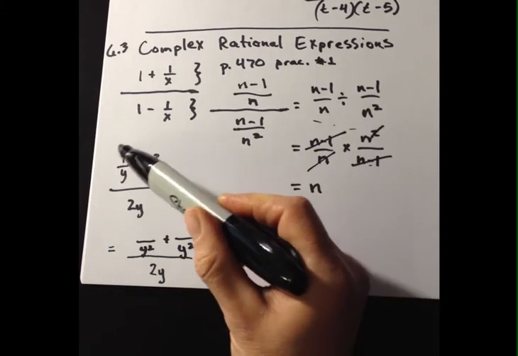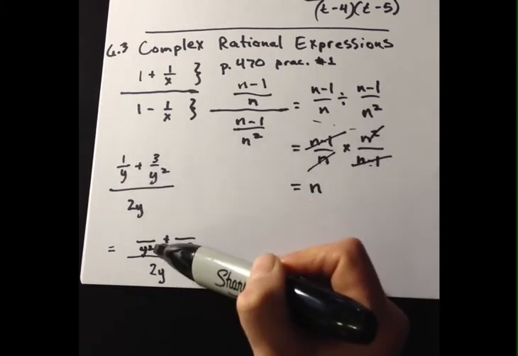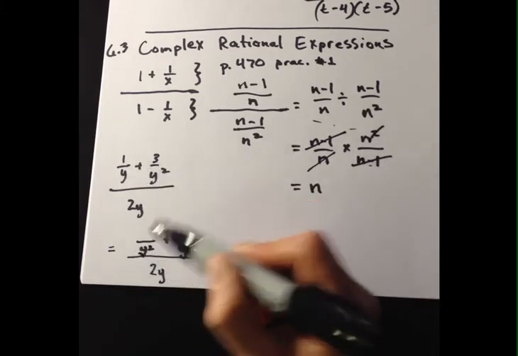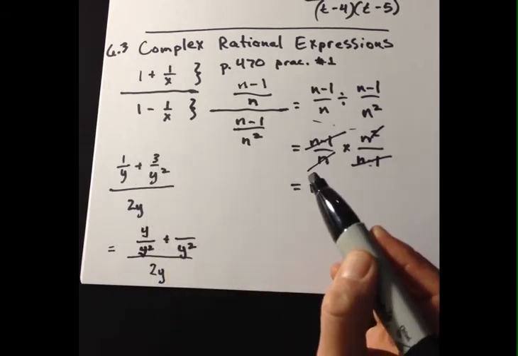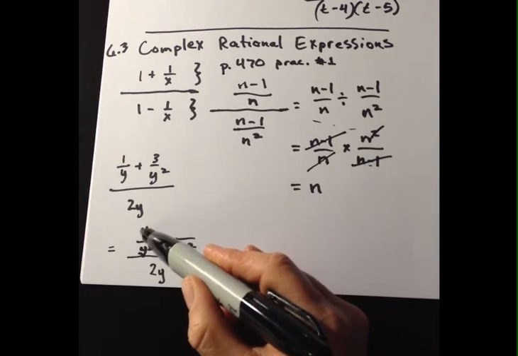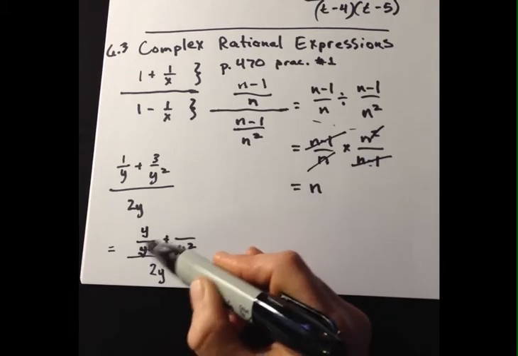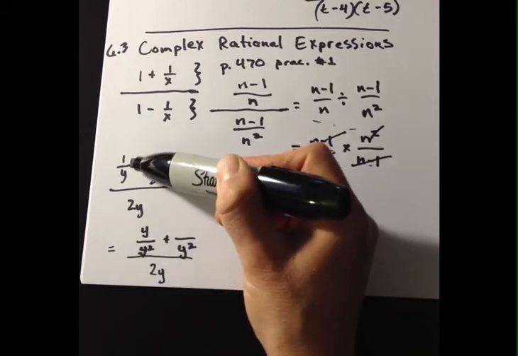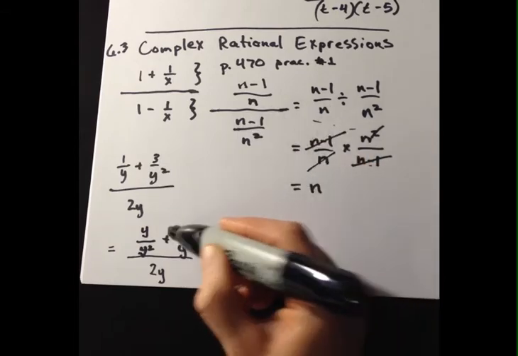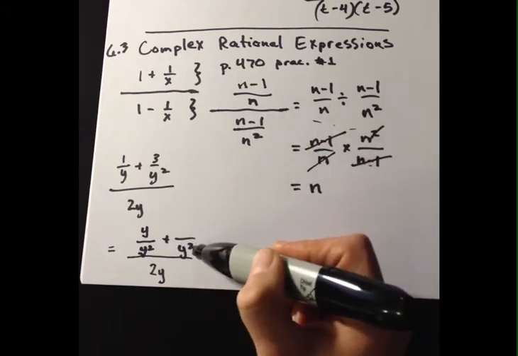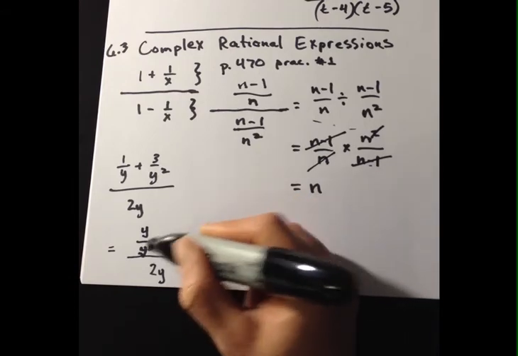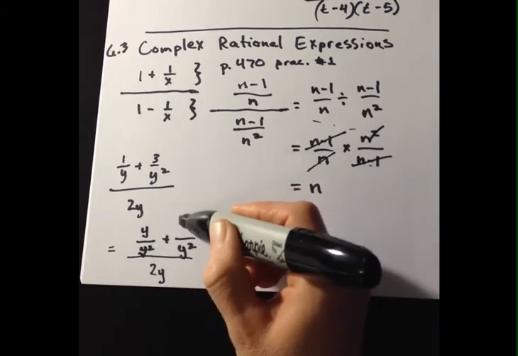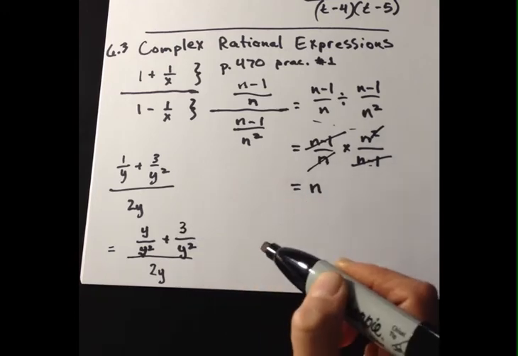But in the case of this first fraction here, I multiplied my denominator by another factor of y to get that y squared, so I'm going to have to multiply my numerator by a factor of y as well. Then if I were to cancel both the y on top and the y on bottom, I would be left with 1 over y, which is what I started with, so that's fine. Here I didn't have to do anything to my denominator to get it into like terms with the other fraction, so I'm just going to leave that as is.